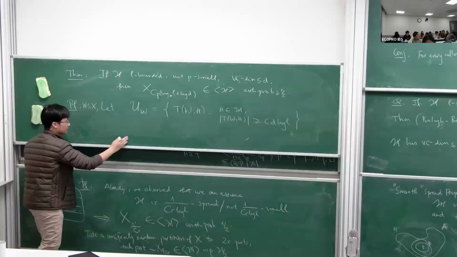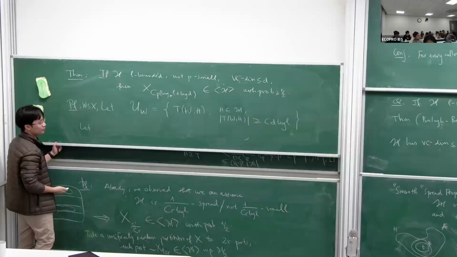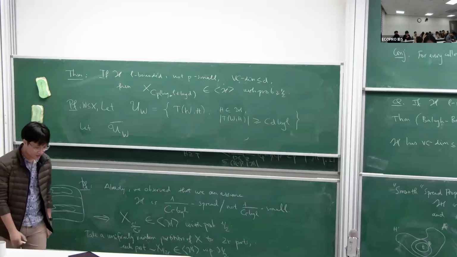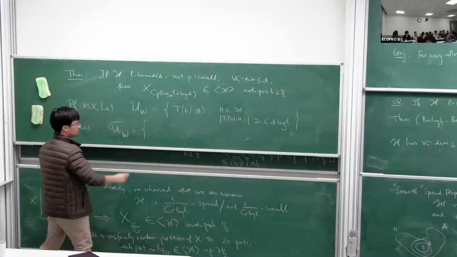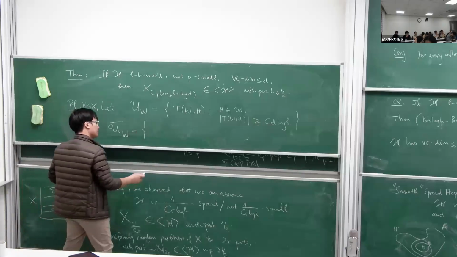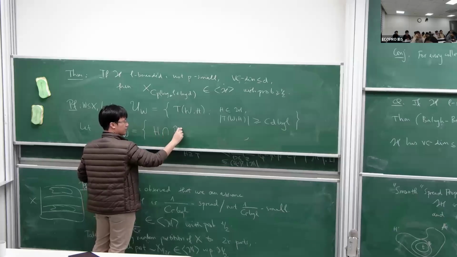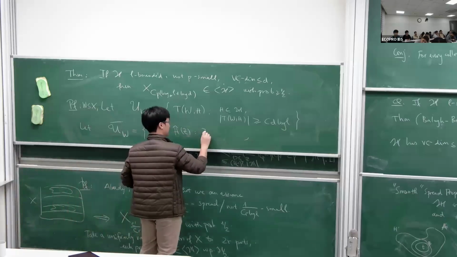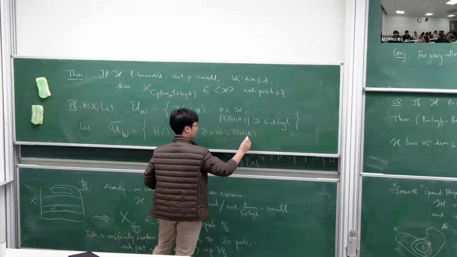Okay, but this turns out not to be the correct family to use for the cover. What we will use for the cover is actually the following collection. Let me denote it U bar W. This is the collection of all sets of the form H intersected with H hat of Z, where Z is the union of W and T(W,H).